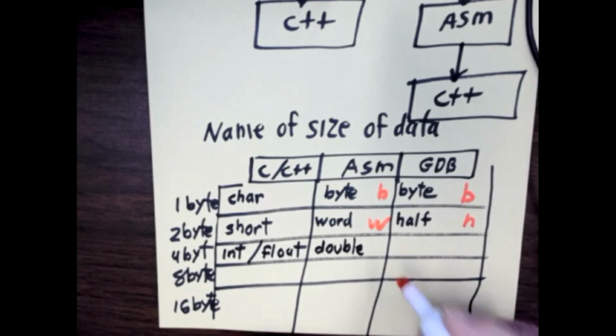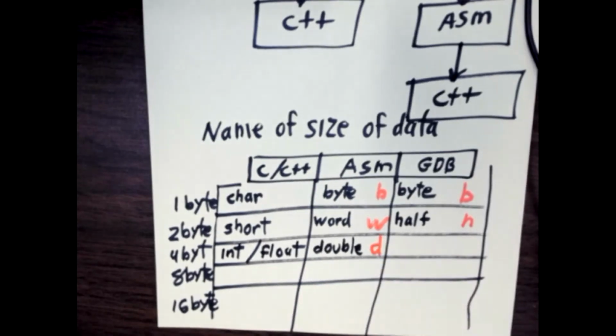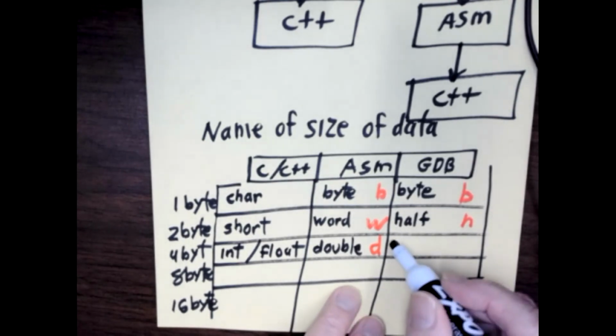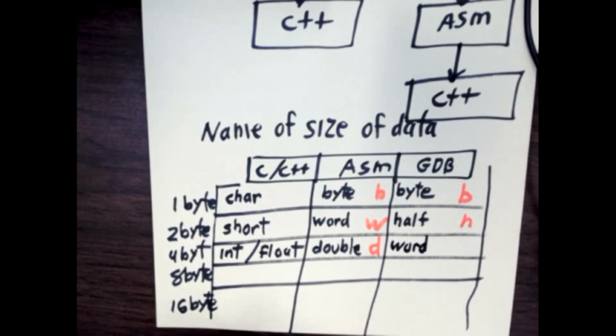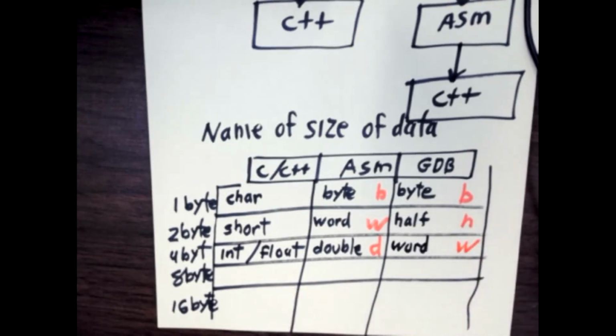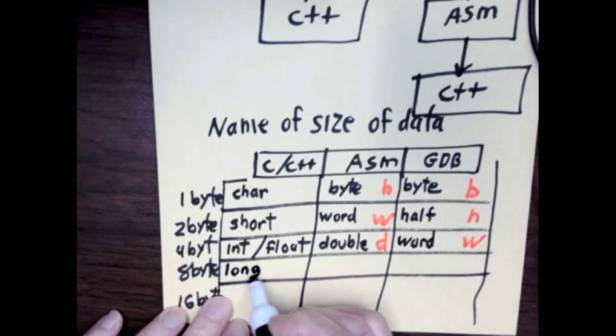And it gets known with a little d. That's its abbreviation. And in GDB, that's called a word. So in GDB commands, we use a W. And then in C++, 8 bytes is known as a long or a double.